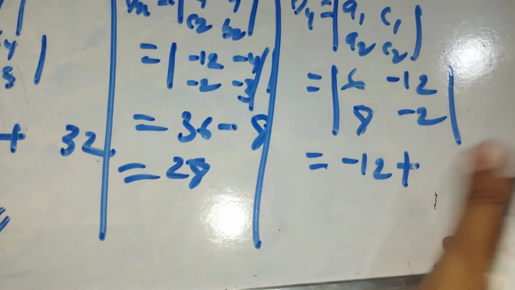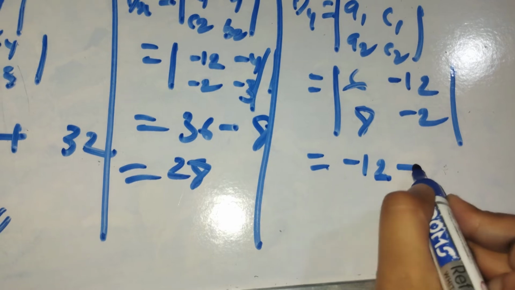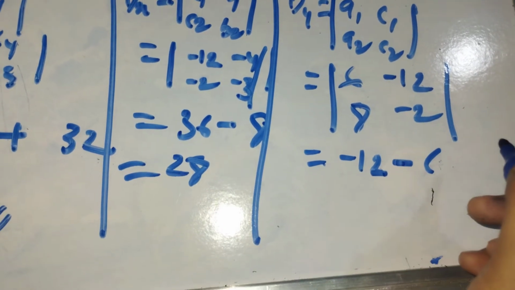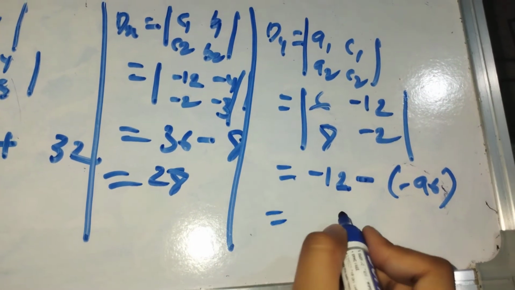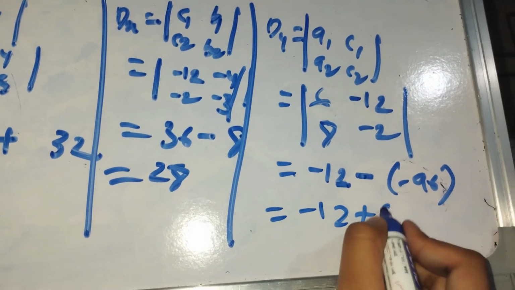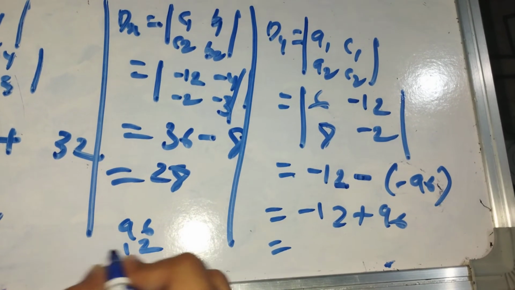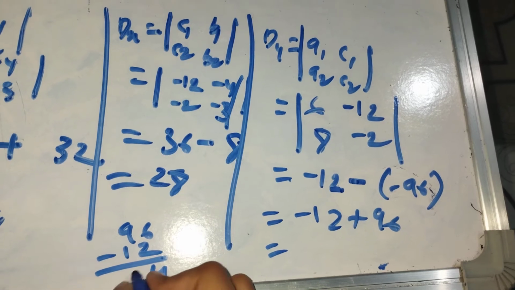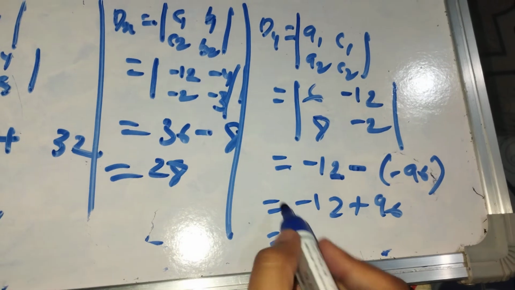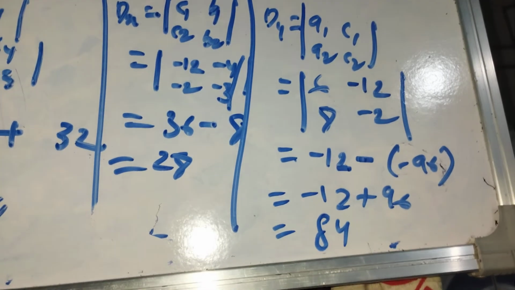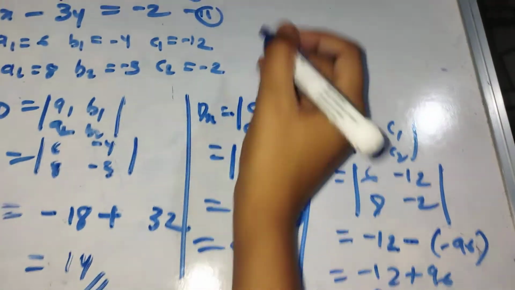Okay, I'll write it as it is to explain it to you. Minus is your formula sign, and then minus 12 multiplied by 8, which is nothing but 96. Okay, so minus minus plus 96, and after that 96 minus 12 is nothing but 84. After getting the d value, dx value and dy value, we will find the x and y values.